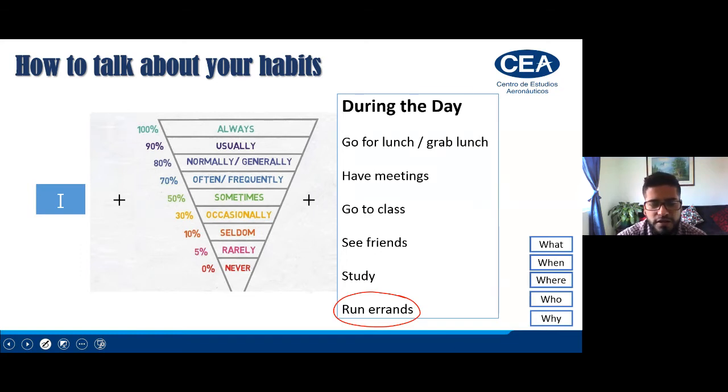So it's possible that you can say, I always run errands at night, because it's maybe the time of the day that you have to go and do activities. So run errands, they are tasks. Yes, for example, go to the bank, go to the supermarket, and I don't know, for example, it's possible to go to the dentist. So this is an expression that you can use.